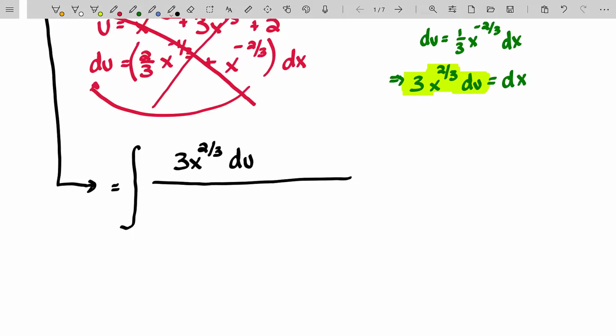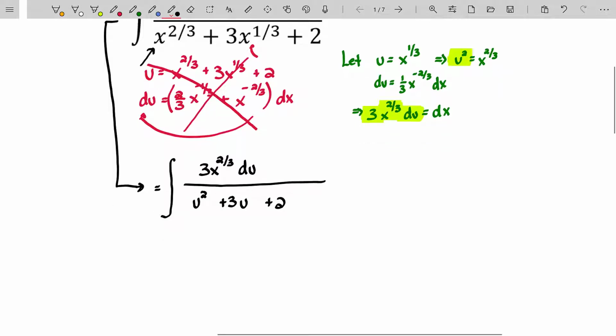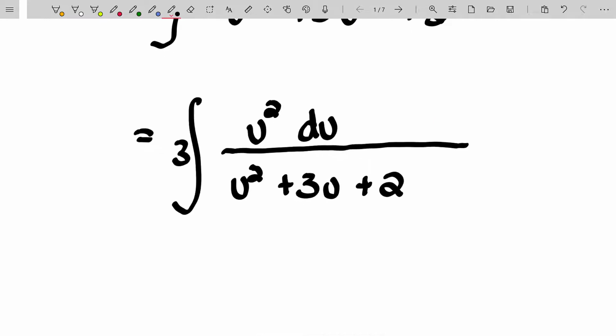But that's okay. We're just writing some stuff in between. x to the 2/3 downstairs becomes a u squared plus 3 times x to the 1/3 becomes a u plus 2. And now I'll go ahead and exchange that x to the 2/3 out for u squared. And here we have a beautiful integrand, all very nicely written.